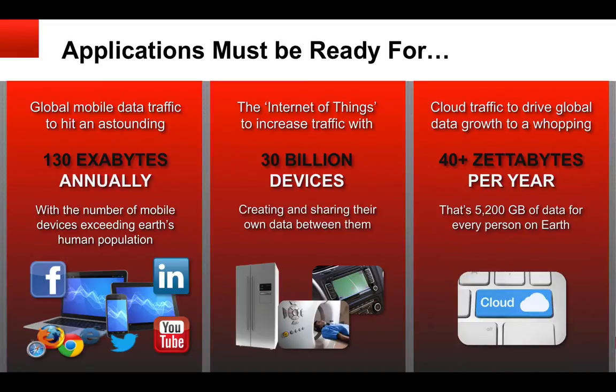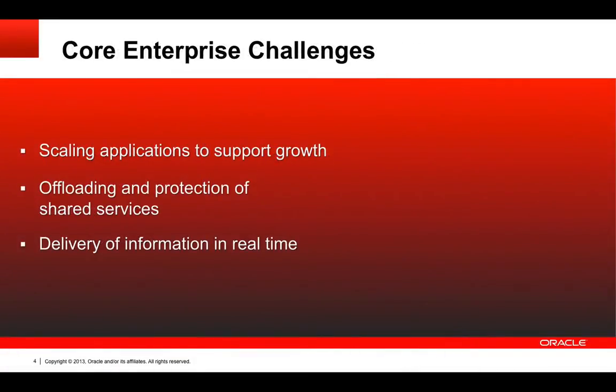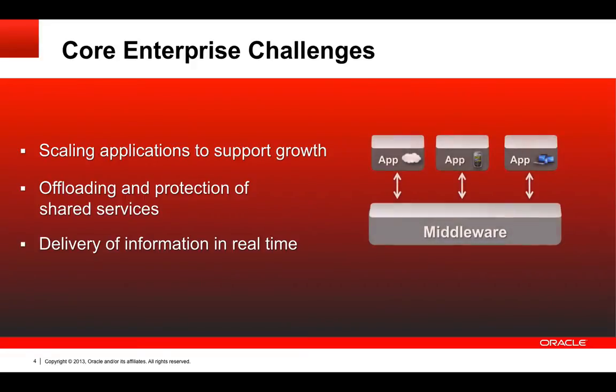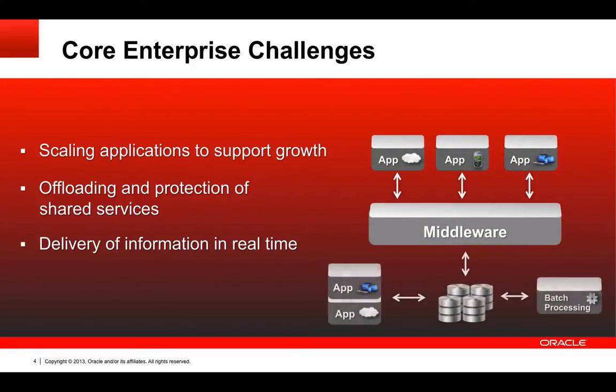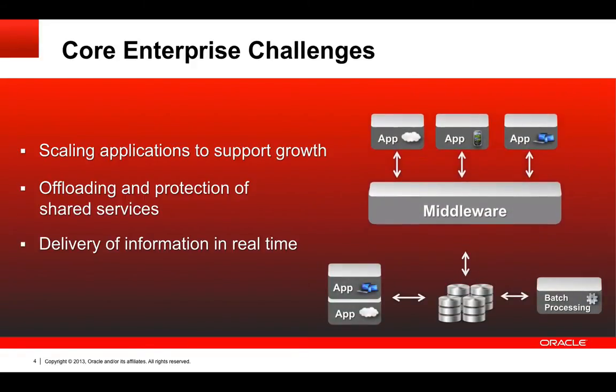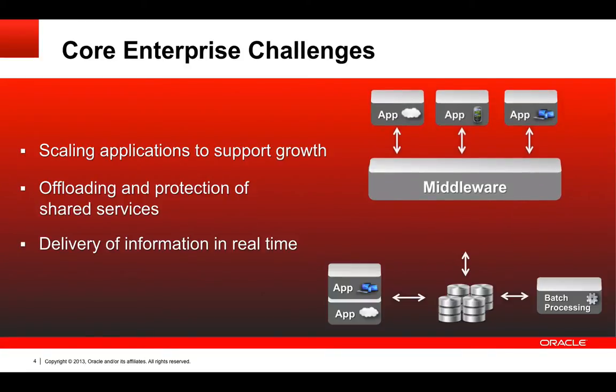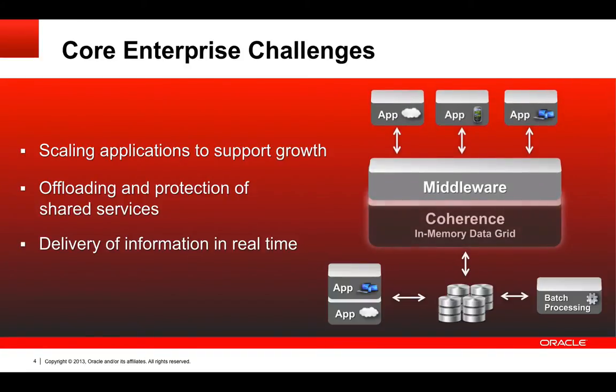So application infrastructure is being challenged in new ways. It's being challenged to manage all of this data growth and support growth in your business as a whole. At the same time, all of this data is stressing your shared services. And by shared services, I mean mainframes, databases, web services, SOA services, and partner services.